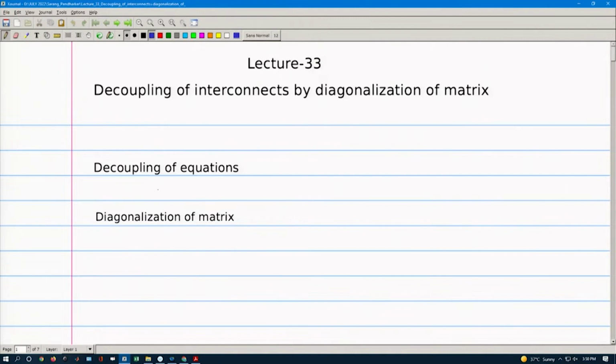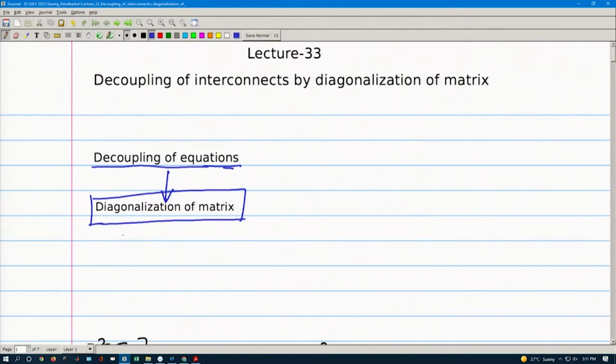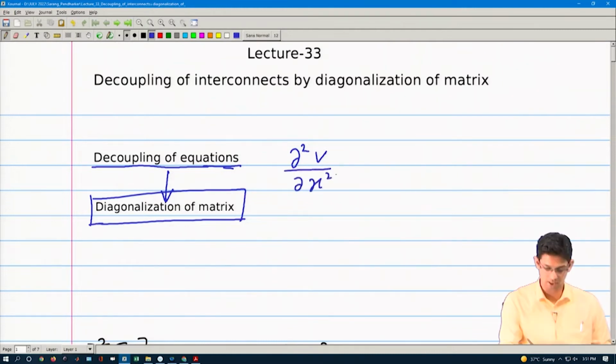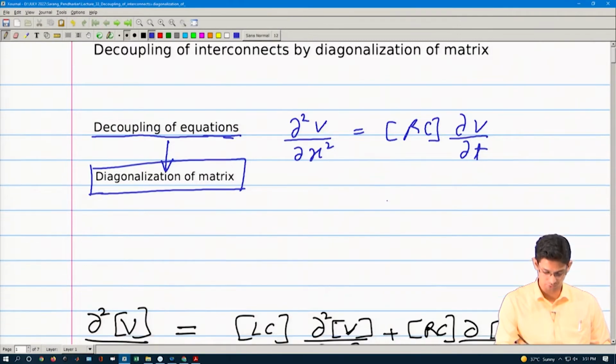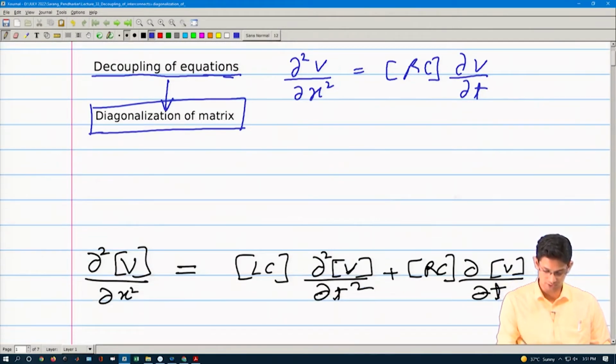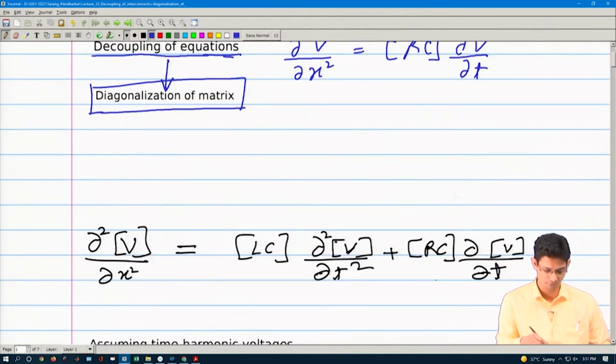As we have seen, decoupling of equations was equivalent to the diagonalization of your matrix. So, whatever be your system of coupled equations, you can have either an RC or you can have RLC interconnects where there would be a term of LC and RC like this.